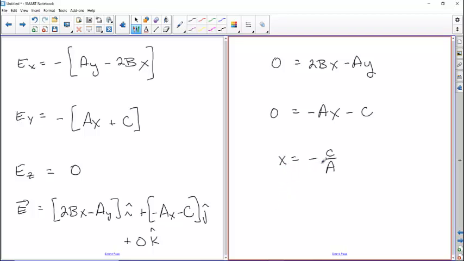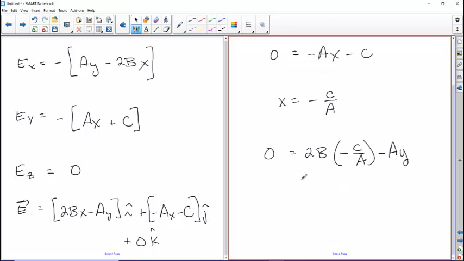Then what you can do is plug this x value into the first equation. So you get 2b times x, which is negative c divided by a, minus a times y. So what do we have here? We're going to have 2bc over a is equal to negative a times y.